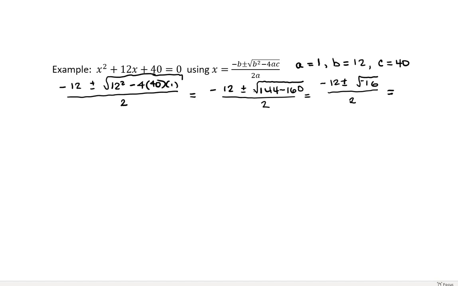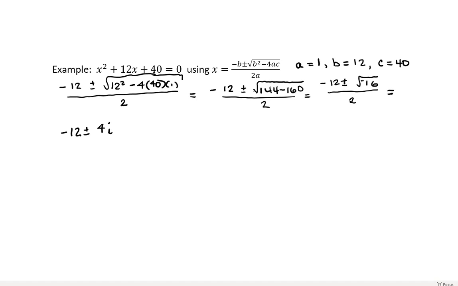I wind up with negative 12 plus or minus the square root of 144 minus 160, all over 2. If I go ahead and do that subtraction, I wind up with a negative 16. So I'm going to wind up with a negative 12 plus or minus the square root of negative 16, right?